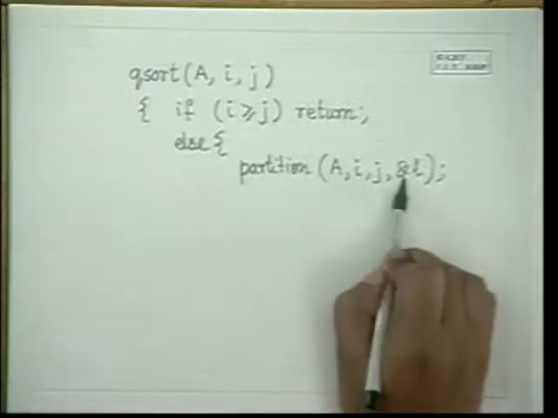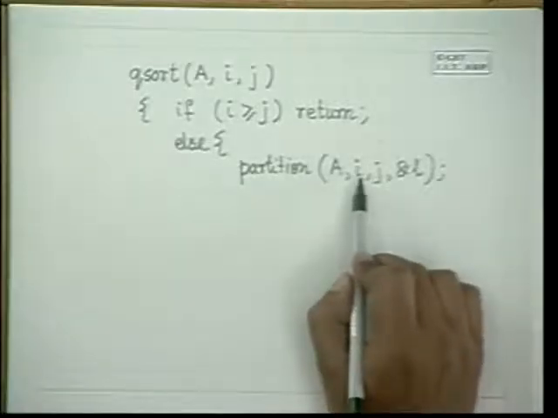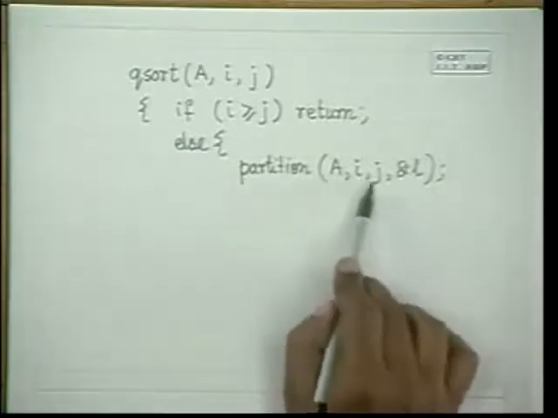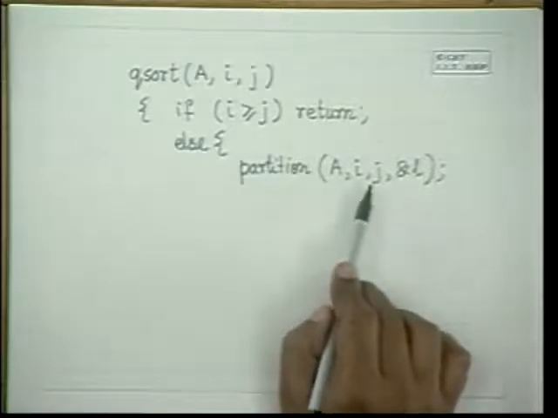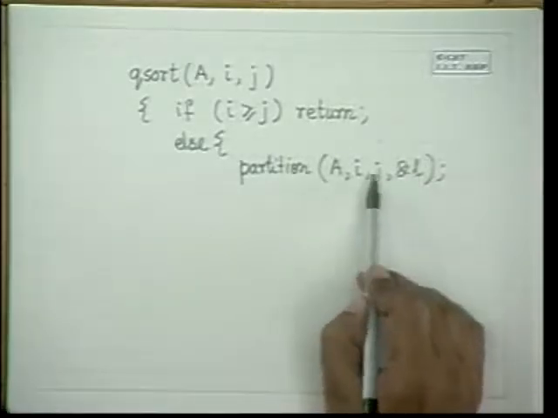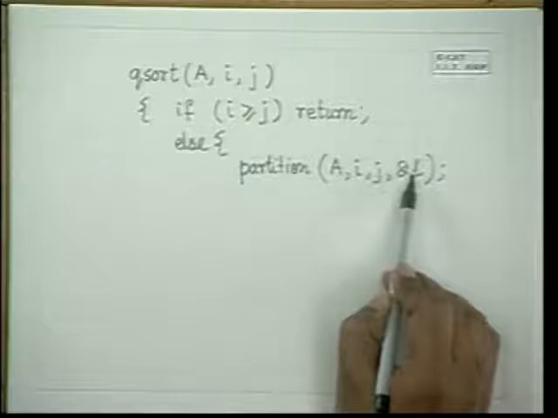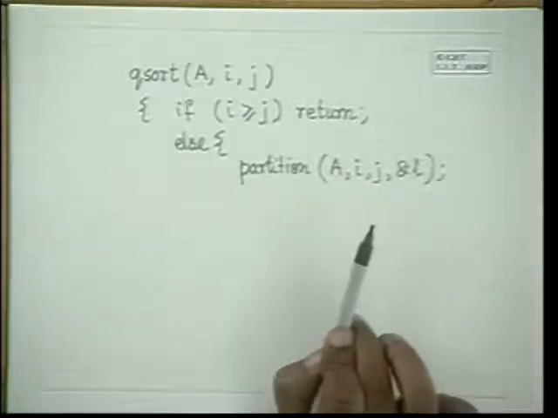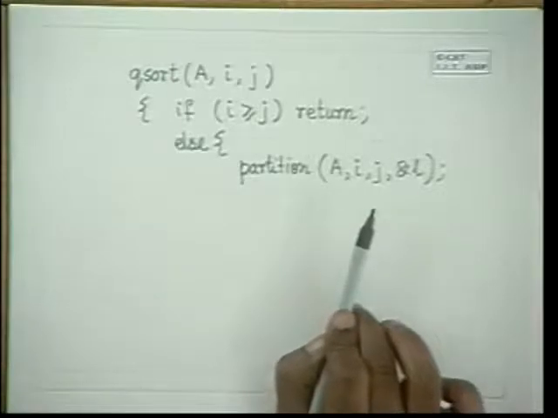Now this partition routine, unlike the split routine which does actually nothing, will actually modify, will exchange the values in the array A to make sure that those from I to L are all less than or equal to those from L plus 1 to j, based on the element that we have selected.